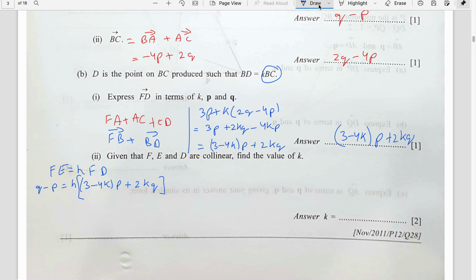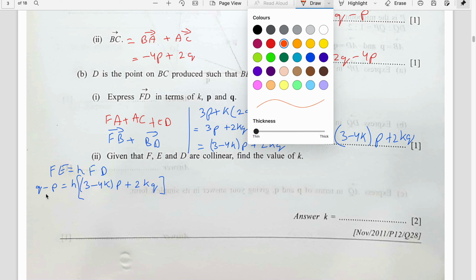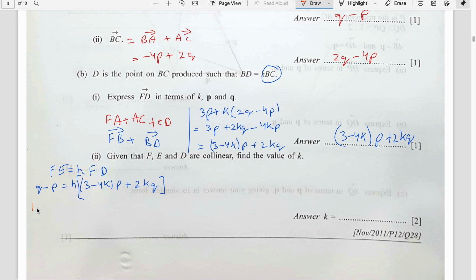Now compare the coefficients. On the left hand side the coefficient of Q is 1. On the right hand side the coefficient of Q is 2HK. For P, on the left hand side the coefficient of P is minus 1. On the right hand side the coefficient of P is 3H minus 4HK. So we rearrange and solve simultaneously.